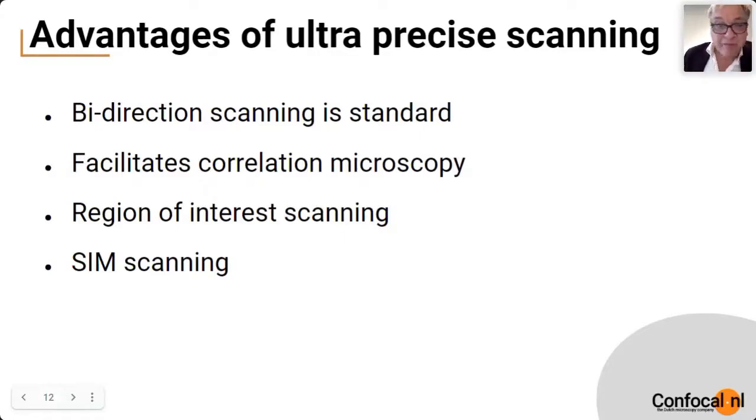And for the academic people around us, I have put this line in here: it maybe enables SIM scanning, because we can program any pattern and we can change any pattern. So maybe some of you are going to work on SIM scanning. Next slide, please.